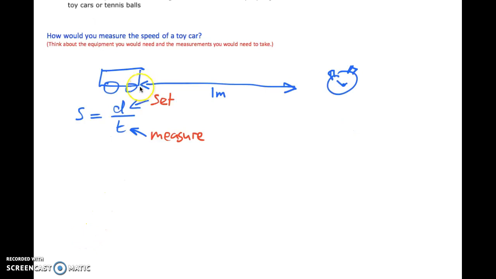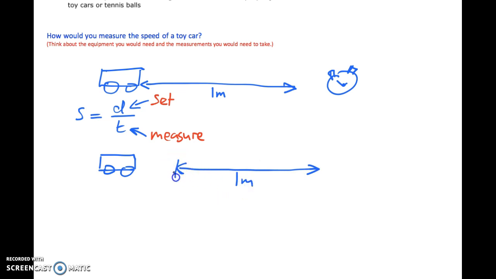Now, if we wound the car up, for example, or it's an electric car and it's just starting at this position, obviously it needs to pick up speed. So the first bit of its journey it's accelerating, and then perhaps it travels at constant speed after that. If you want to know what speed it's going when it's traveling at a constant speed, we need to set the car off running for the first bit of the journey, and then time it a little later over 1 meter.